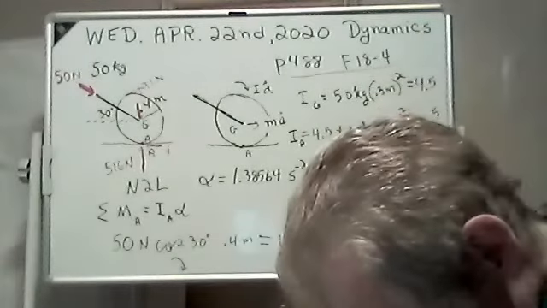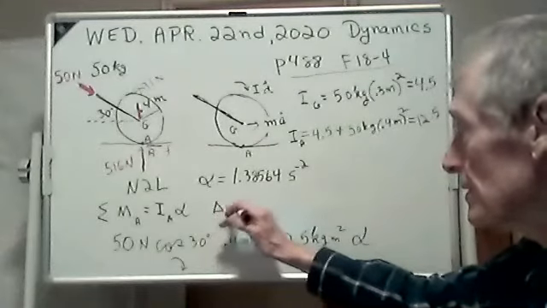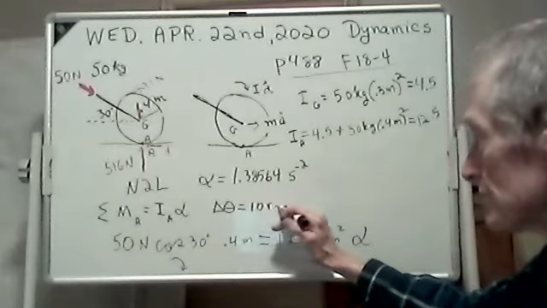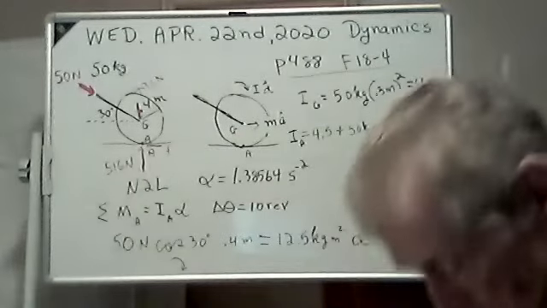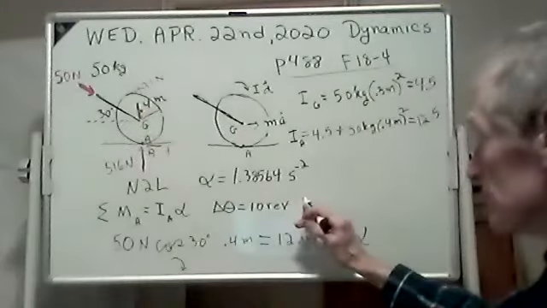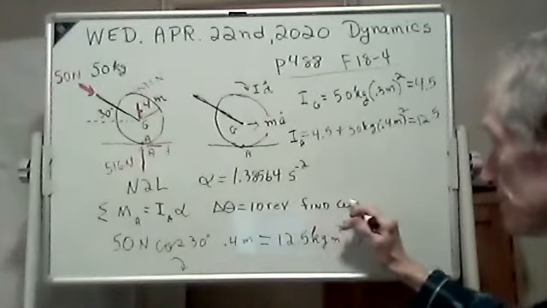They want, if the angle that it rotates is 10 revolutions, they want us to find omega. Okay, here's how you do that.